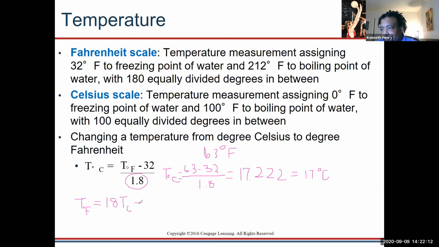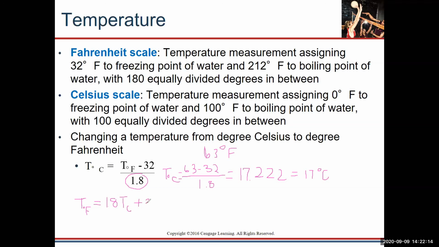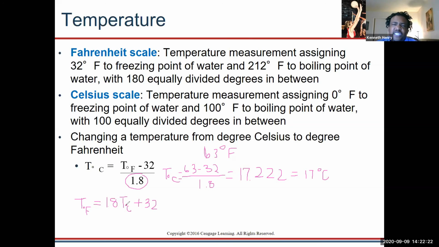Okay. Do you put the TC plus 32 in parentheses or no? You don't have to because it's one variable.